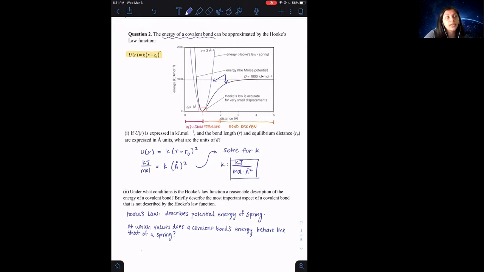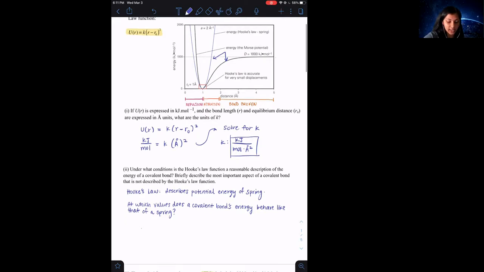Hooke's law only theoretically considers a spring that doesn't break. No matter how far you stretch it apart, it's not going to break. But that's not the case for a covalent bond. So the conditions in which a covalent bond is broken are the conditions under which Hooke's law is not a good approximation of bond energy.